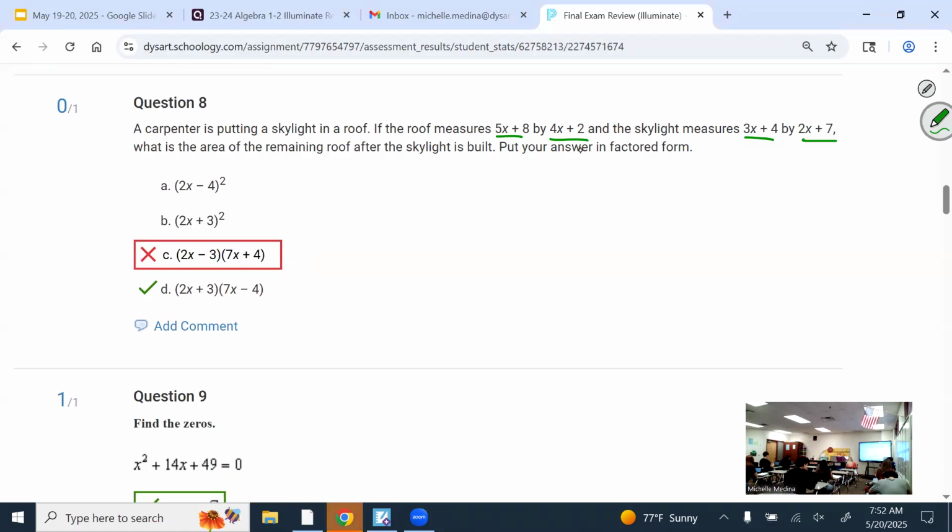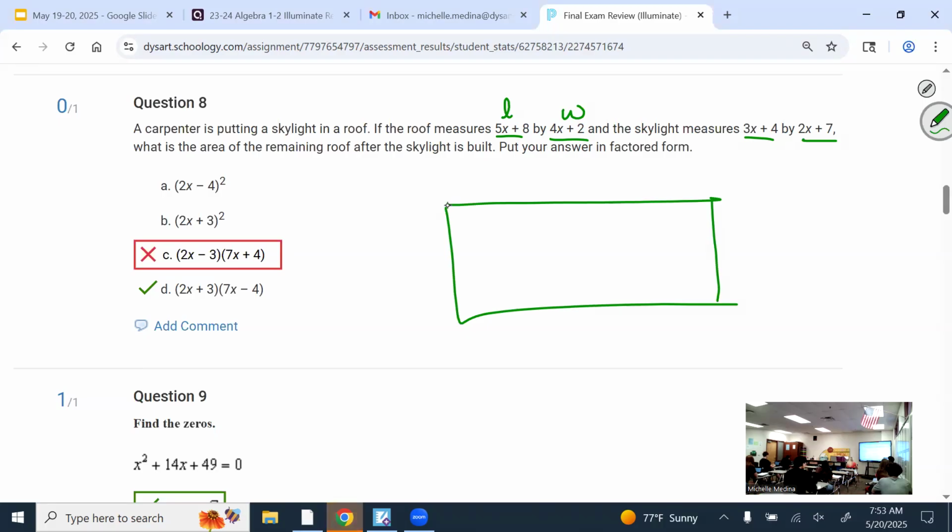If it's just giving us this by this, we're saying that this is the length and this is the width of the roof. Let's assume it's rectangular since they only gave us 2 dimensions. 5x plus 8 would be your length, 4x plus 2 for the width, and they're putting a skylight inside it, so it shouldn't take up the whole roof.